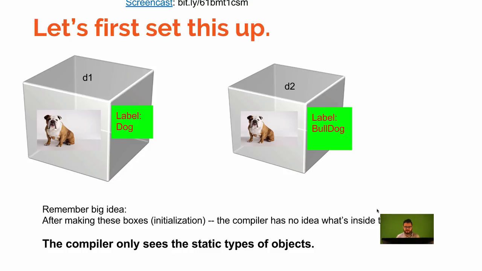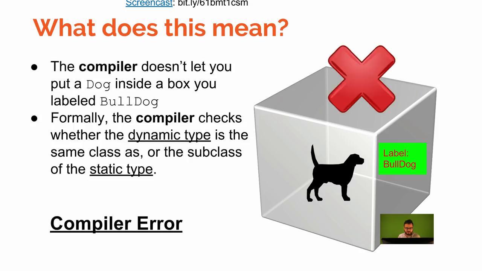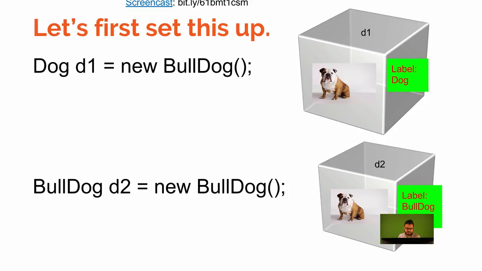Now, again, remember the big idea? So the big idea, this is something that I haven't actually talked about, is that after making these boxes, the compiler has no idea what's inside the boxes. What do I mean by that? Let's just talk about it right here.